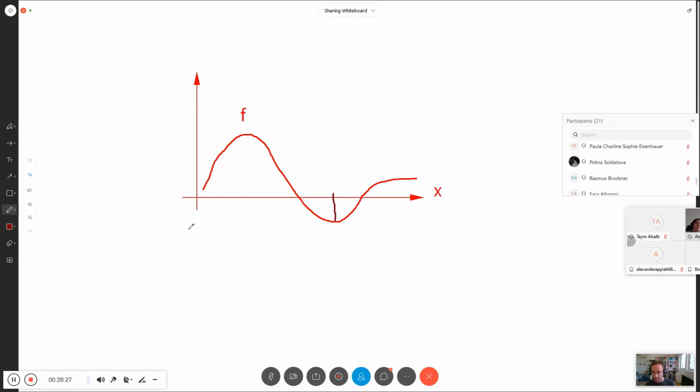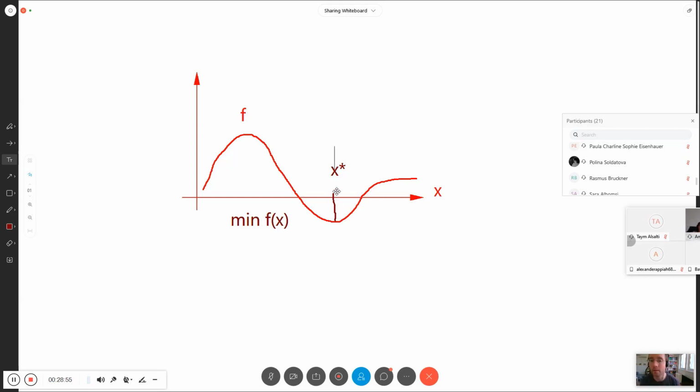So that is min f(x). Keep in mind that the minimum of a function is the value that the function takes, and it takes this minimum at a location that is called a minimizer. So that's the location here on the x-axis where the minimum is taken on.